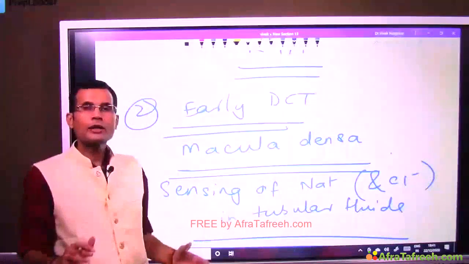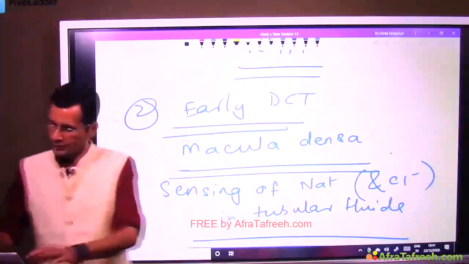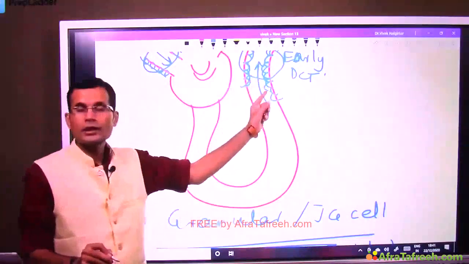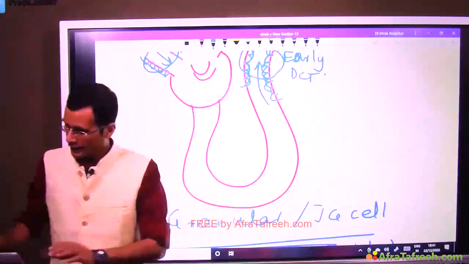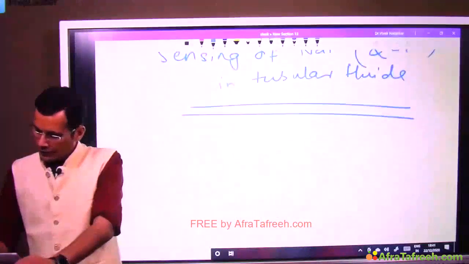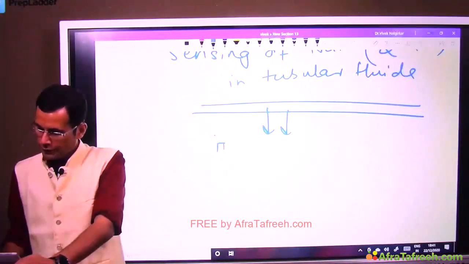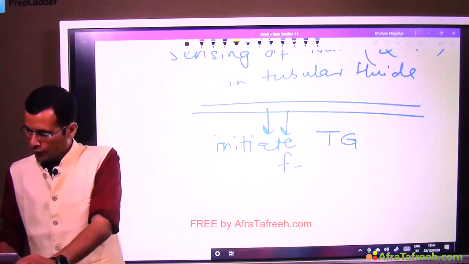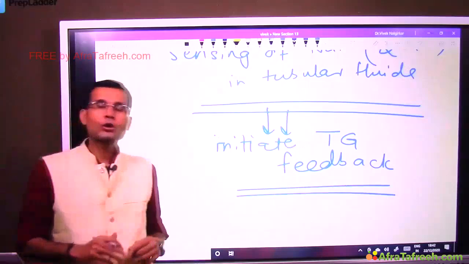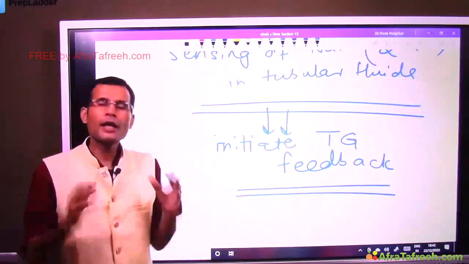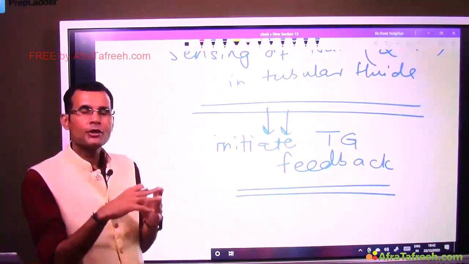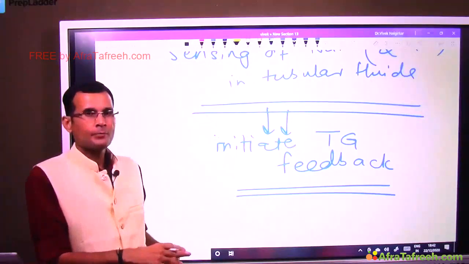And then what it does is to initiate the tubuloglomerular feedback. Tubuloglomerular feedback, very important mechanism for the body physiology, very important mechanism.